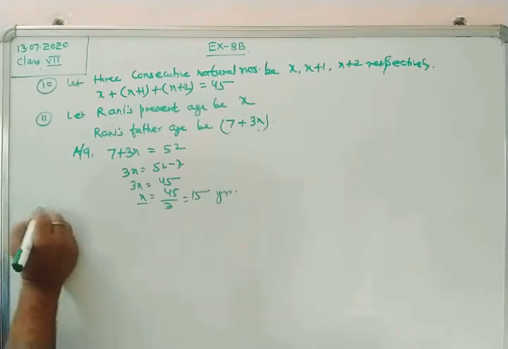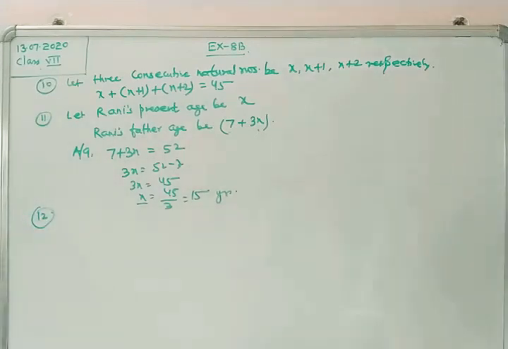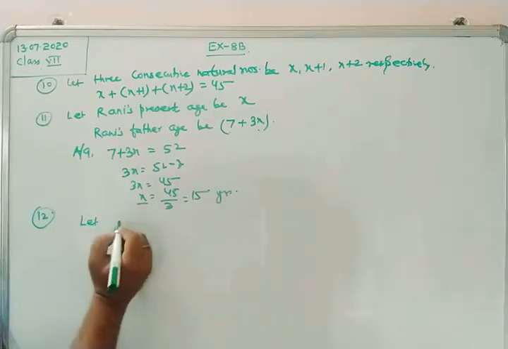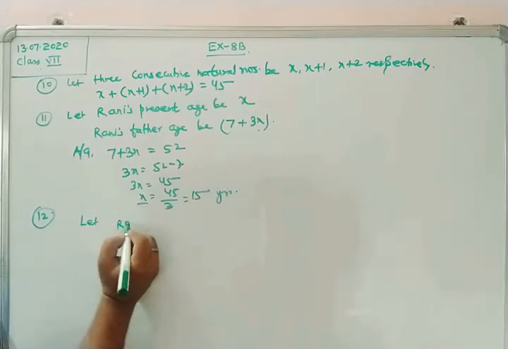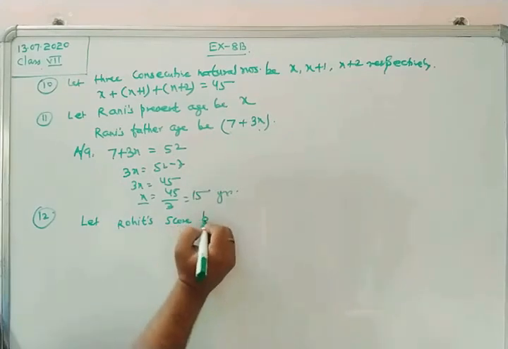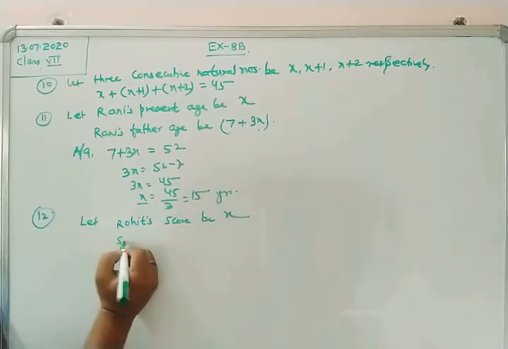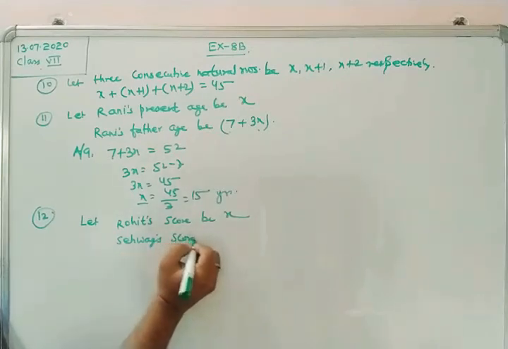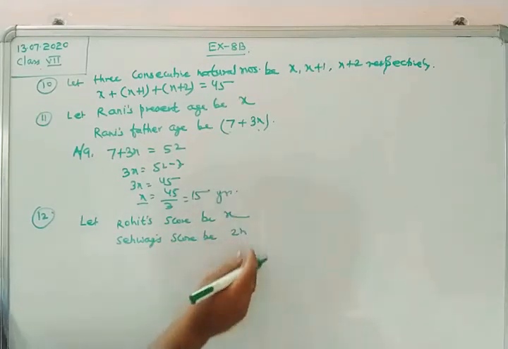Now students, question number 12. Sehwag scored twice as many as Rohit. Together, their runs fell 2 short of double century. How many runs did each one score? Okay, let Rohit's score be x and Sehwag's score be 2x. Why 2x?